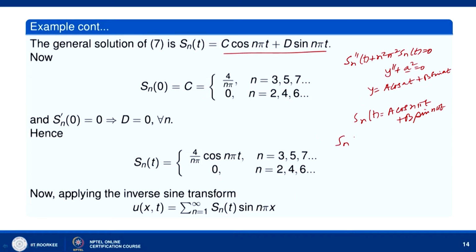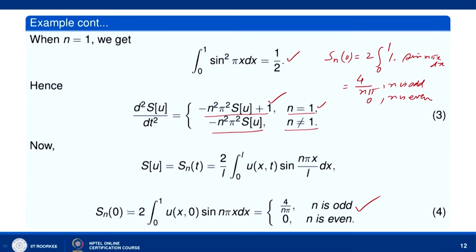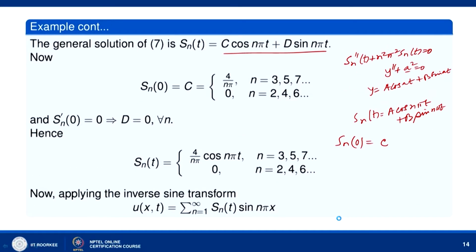Now let us see, if you put t equal to 0 here, Sn(0) is equal to c. This is 1, so c, and this is 0. So Sn(0) equals c, and Sn(0) we have already found: 4 over n pi when n is odd, and 0 when n is even.